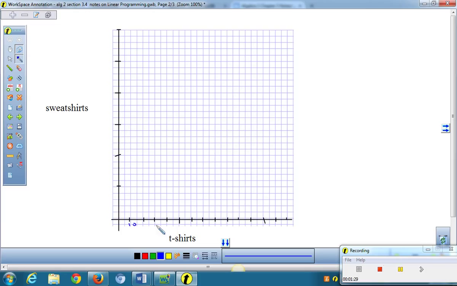I made every 2 boxes worth 10, so every box worth 5, but I marked each 2 boxes worth 10, so here's 30, 40, 50, 60, 70, 90, 110, 130, and so on. Okay? You have your ruler. You're going to use the whole page and set up your graph like this.